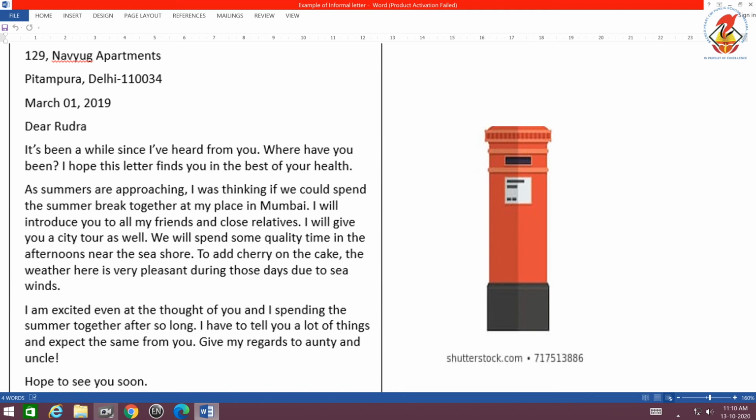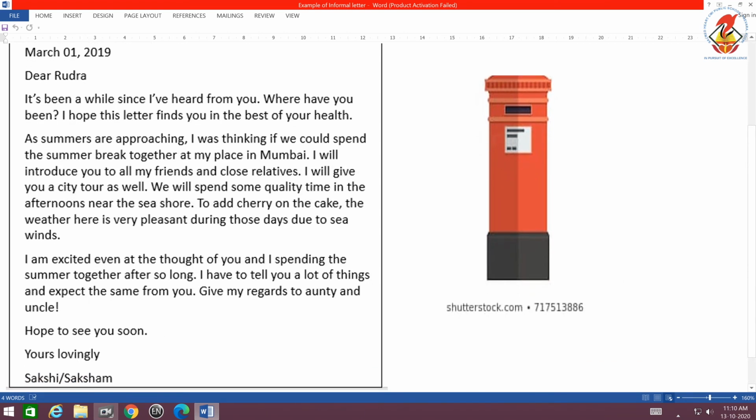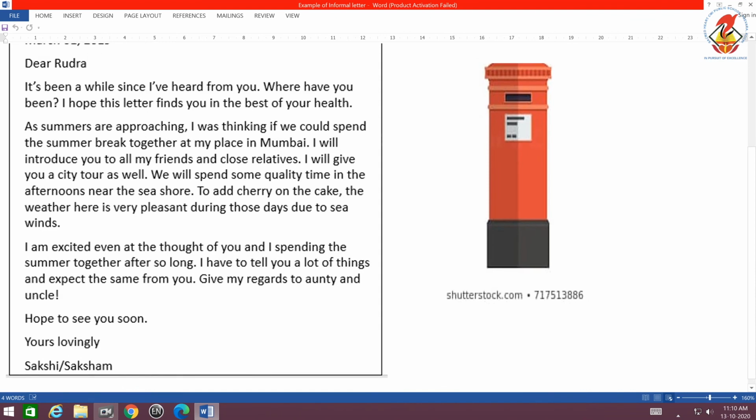That is an expression, an idiom used to add more excitement. The weather here is very pleasant during those days due to sea winds. So here we can clearly see the excitement of the writer in these lines. Hope to see you soon. Then yours lovingly, Sakshi. This is just an example.